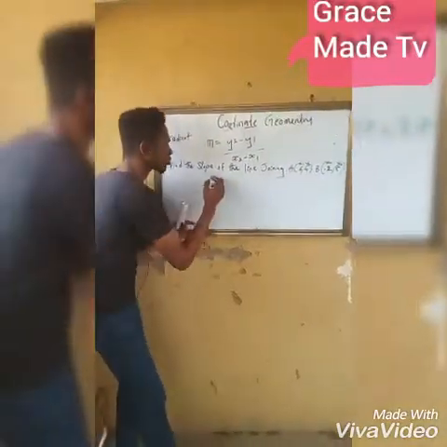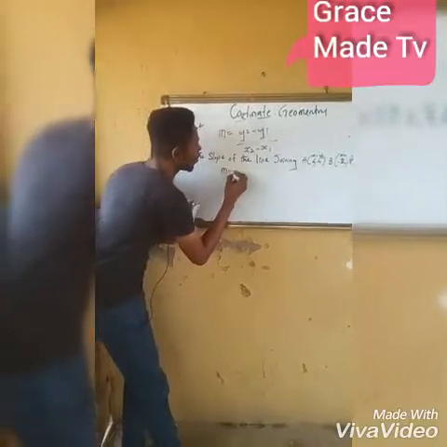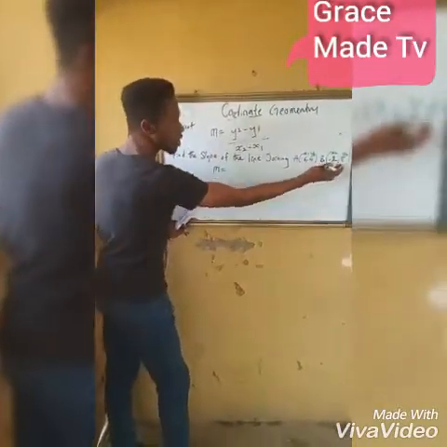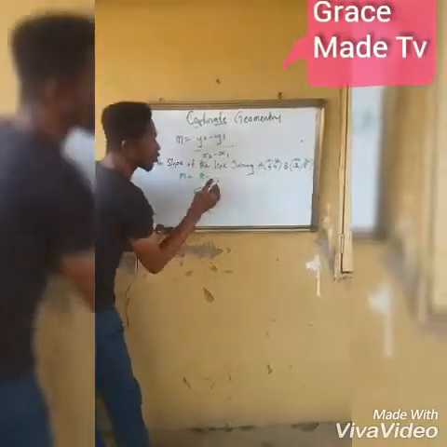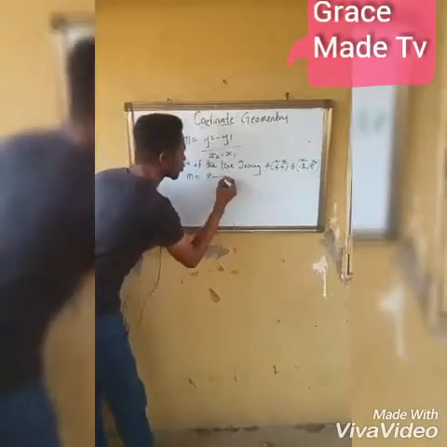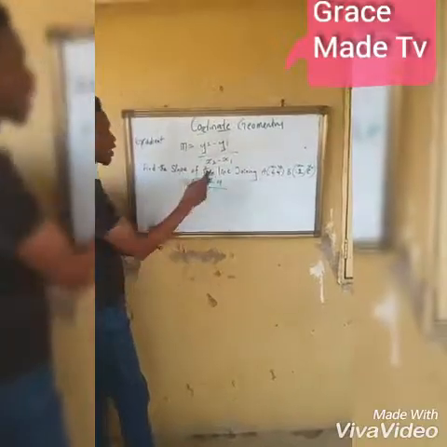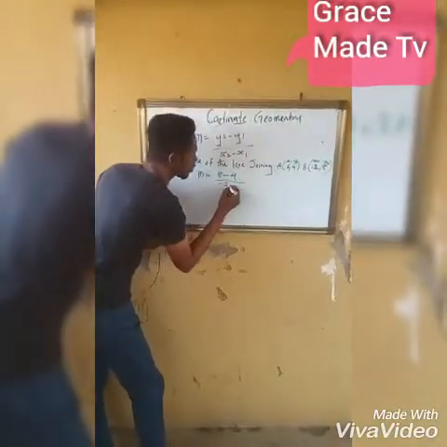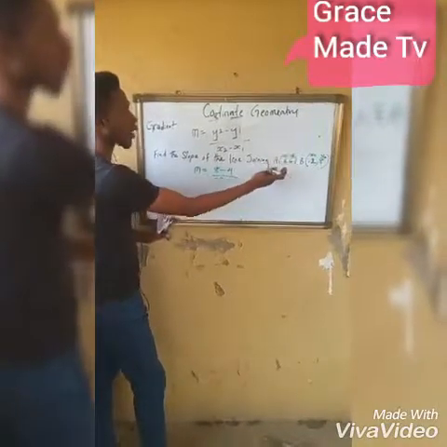We have m equals y2 minus y1. Our y2 is 8, minus y1, which is 4, everything over x2 minus x1. Our x2 is minus 2, minus x1, which is 6.